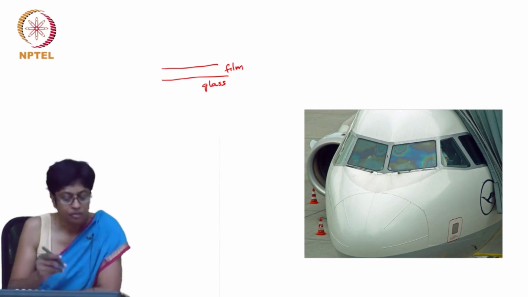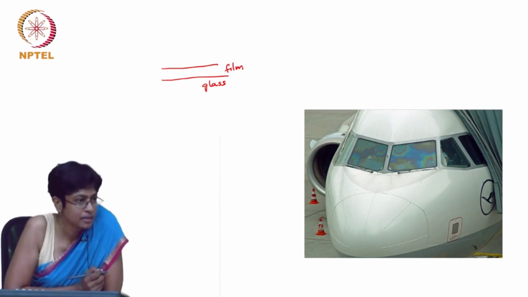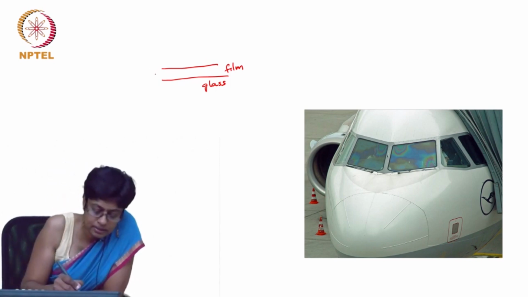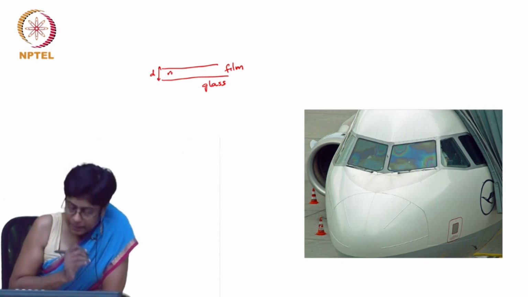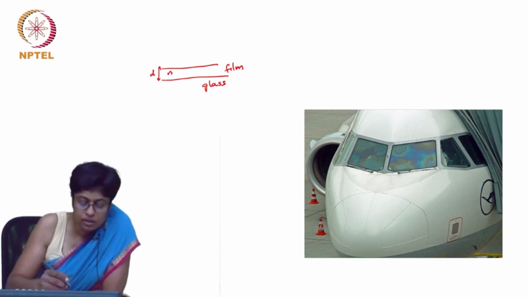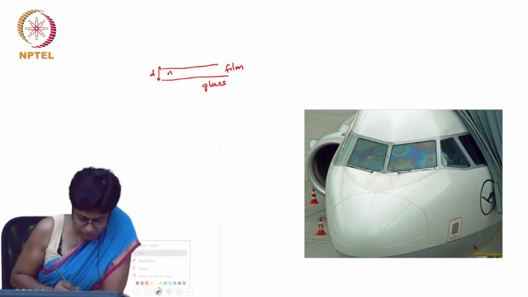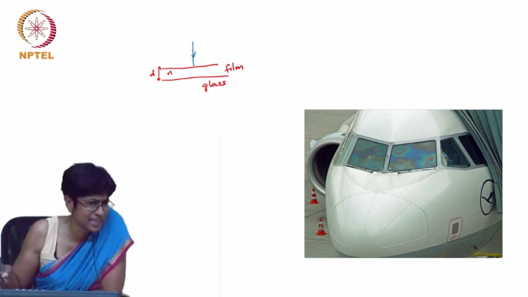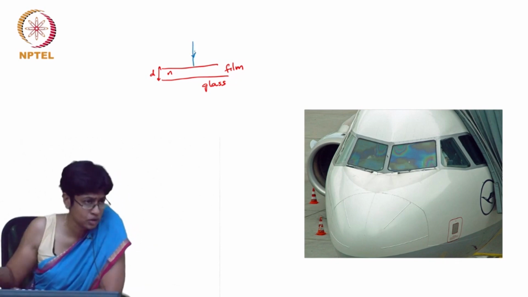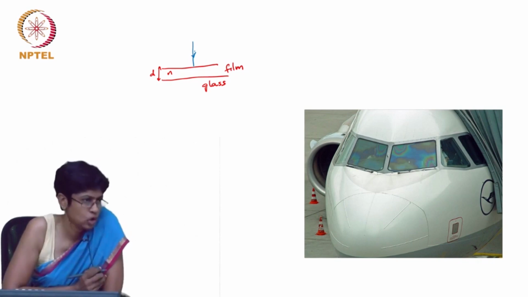Okay? So if I consider that you had a uniform film, let's say that thickness is D and let's say the refractive index is N. Okay. Again, just to make it simple, we can start by saying we have normal incidence. That's of course not the case. You would have light coming in at all angles. But let's say we have normal incidence.